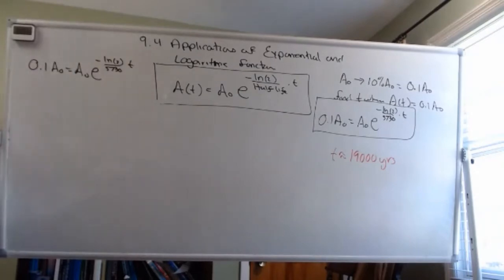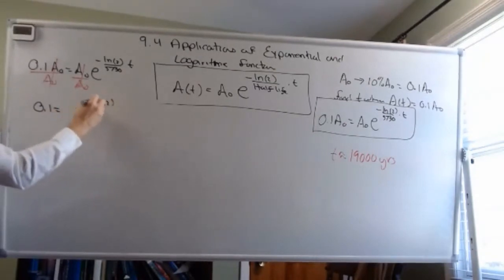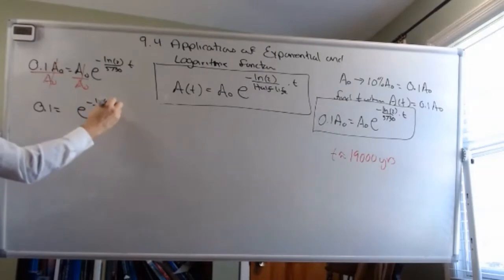First step is I divide both sides by A0. Notice, it cancels out, so it's independent of the exact initial amount, just its relative percentage. I get 0.1 is equal to e to the minus the natural log of 2 over 5,730 times t.